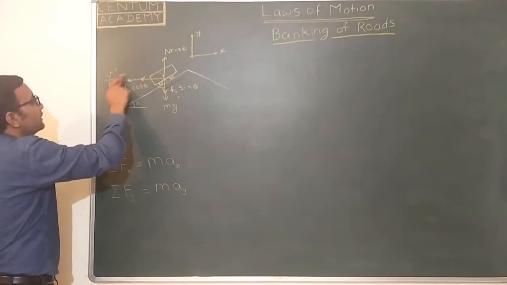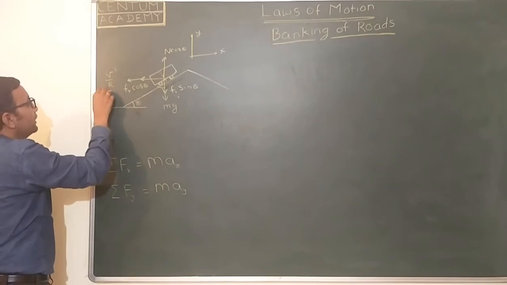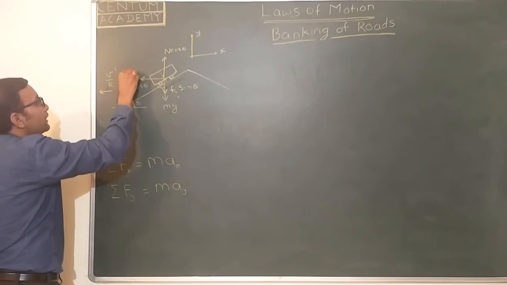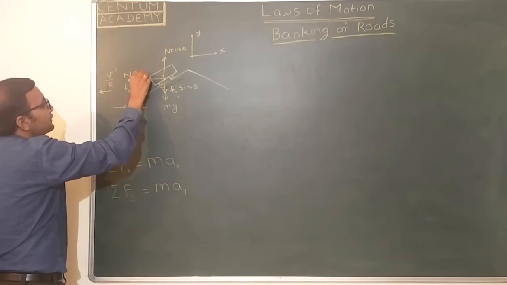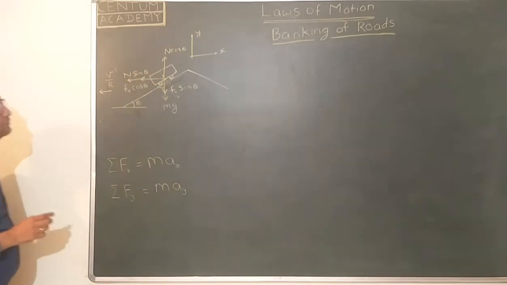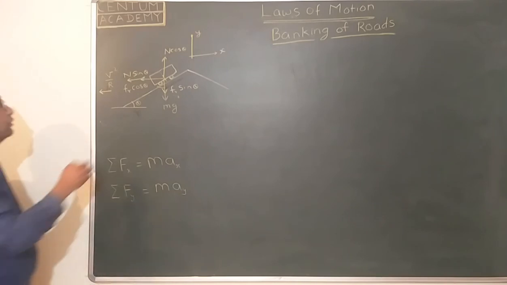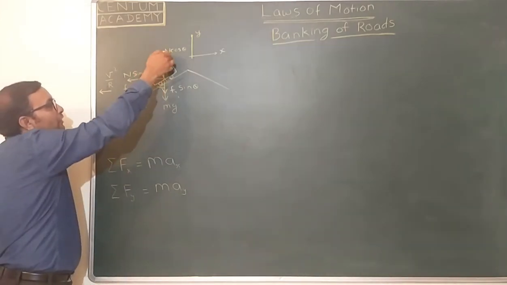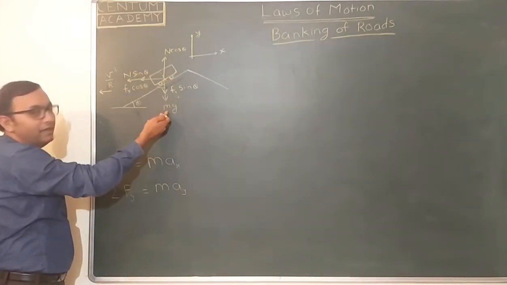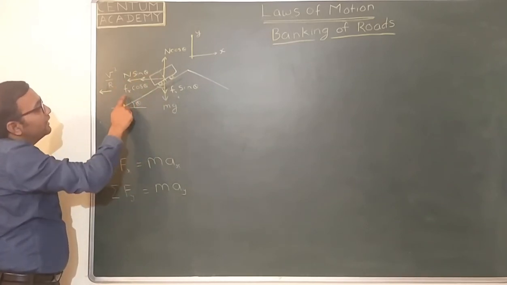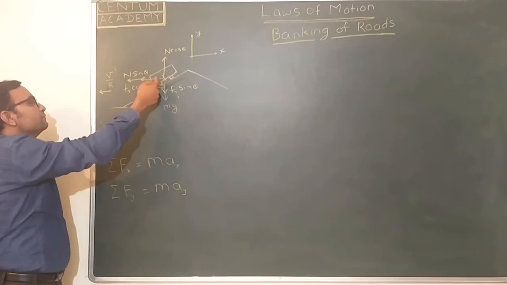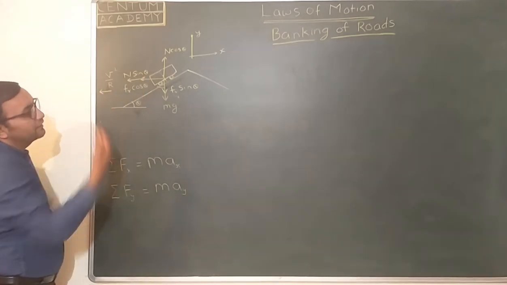So I'll just put it in a clear form. So we have n cos theta, Fr sin theta, and mg along the vertical direction, and n sin theta and Fr cos theta along the negative x-axis.